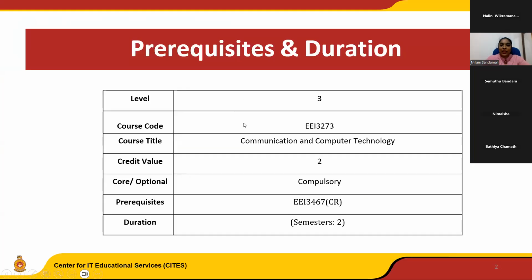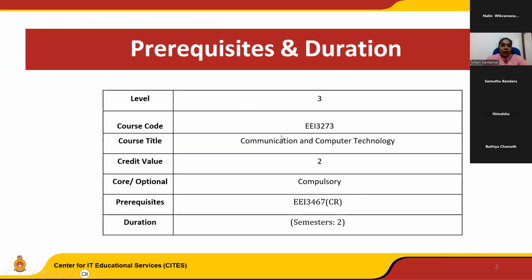Here you can see this is a compulsory course, and as a prerequisite, you need to concurrently register for EEI3467, which is called Build Your Technology Backbone. Basic theories will be covered in 3467.